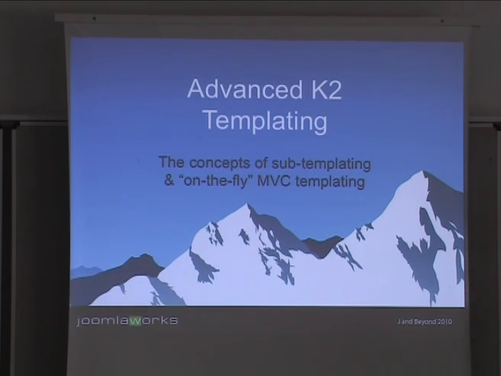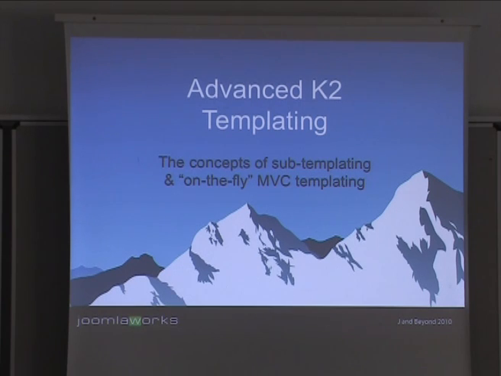And if our website is able to handle different types of content, then it should be able to handle these different types of content visually differently. So that means we can use K2 to actually create different sub-templates for different categories. So you have different categories looking completely different because they should.